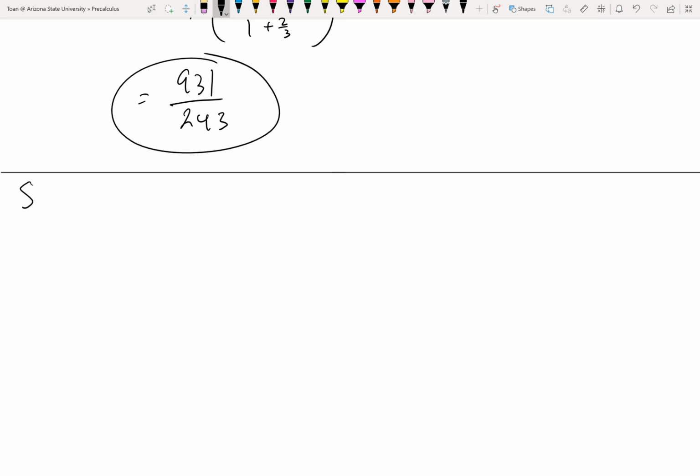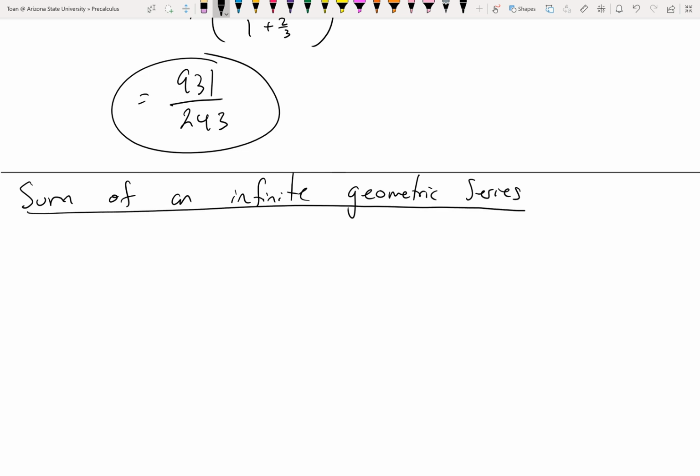Therefore, we have this idea: the sum of an infinite geometric series. This is only true if your common ratio is less than 1 in magnitude. It doesn't matter if it's positive or negative, it just has to be smaller than 1.